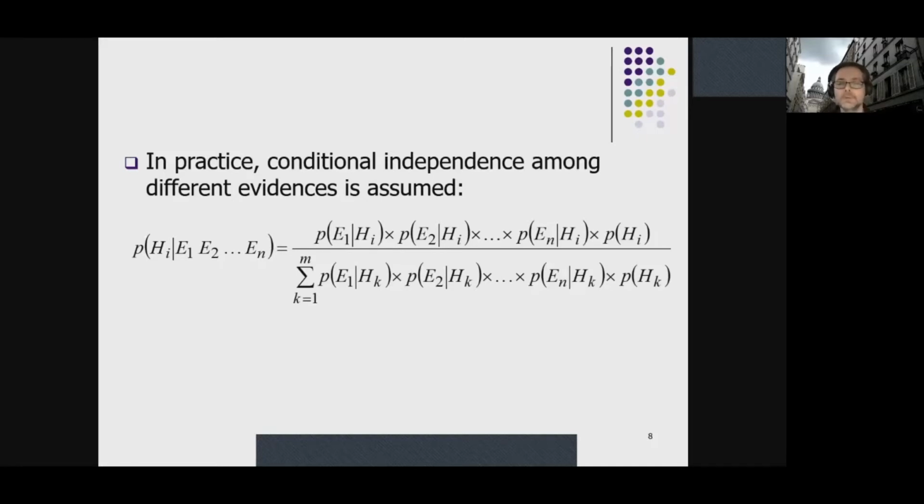These are different hypotheses that the system can make, and the hypothesis is made subject to some pieces of evidence that are collected. These are denoted by E1, E2, En here, and the calculation is transformed into multiplications between conditional probabilities and a priori probabilities, as you can see in this formula.